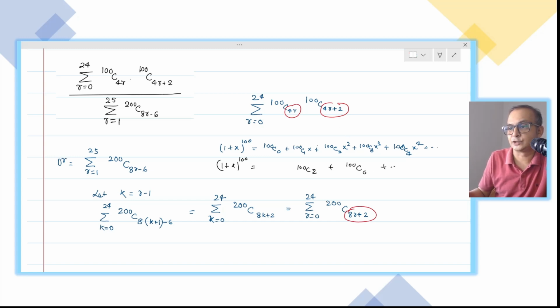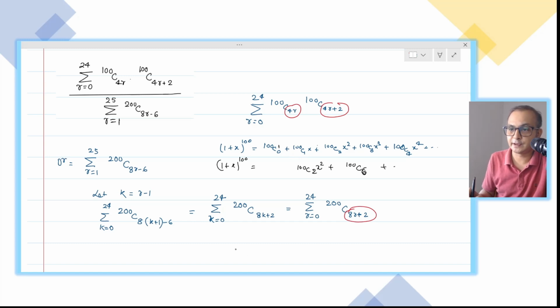So what is happening when you are multiplying these two, I mean how will this coefficient get multiplied. This 100C0 is multiplied to 100C2, correct? And this 100C4 here is multiplied to 100C6. So when you are multiplying in this way, you are actually multiplying the 1 from here and the power x square from there, correct?